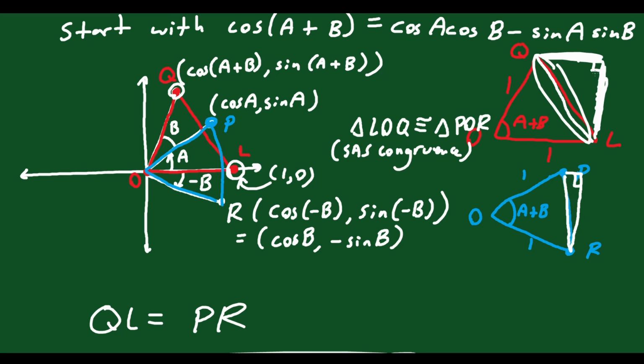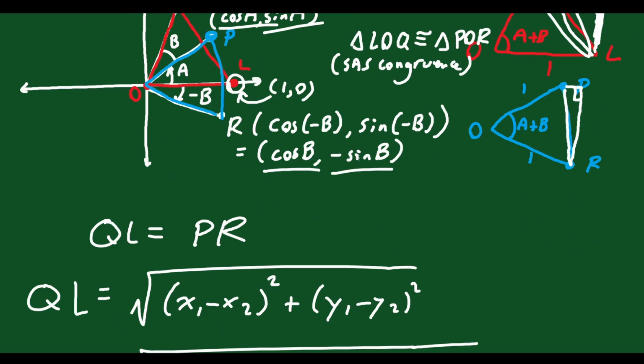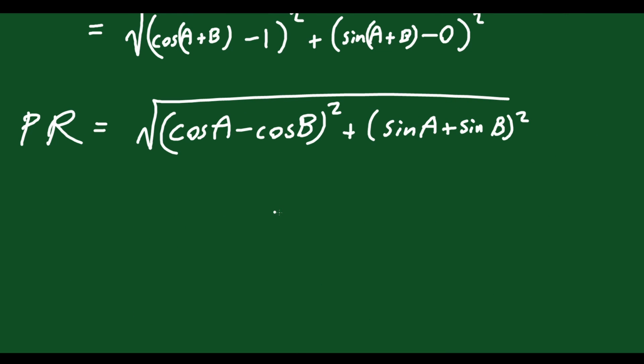It's a lot skinnier than this one in the drawing, but it might not be. These are just general angles A and B, so that could be any exaggeration of a right angle triangle. You subtract the x values and the y values. What are the x values for P and R? For R, you have cos of B, and for P, you have cos of A. For the y values, you have negative sine B and sine of A. So when you subtract those, cos A minus cos B, and then sine A minus negative sine B becomes plus. That's how you get that.